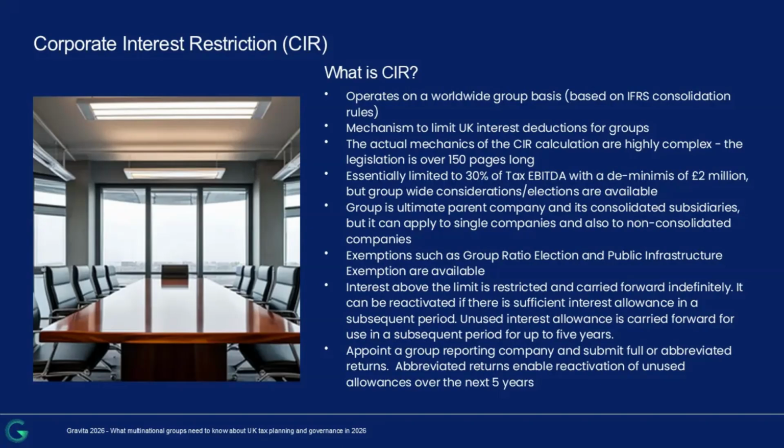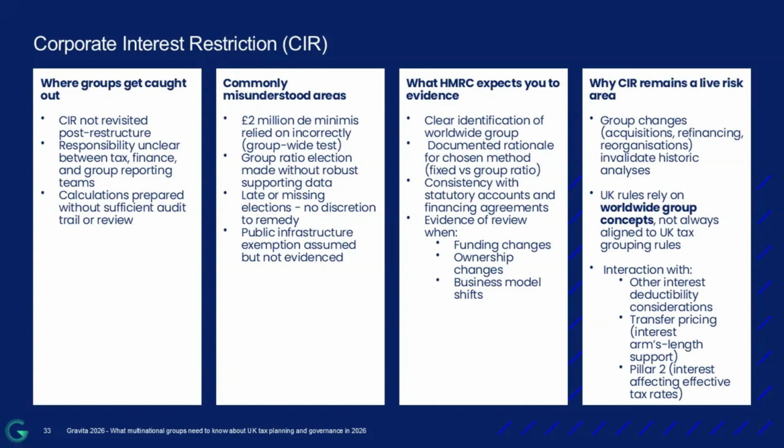There are abbreviated returns where you might not have a disallowance, but if you submit that, that enables you to keep back any future allowance in a 5-year period for a reactivation. So again, more compliance, unfortunately.